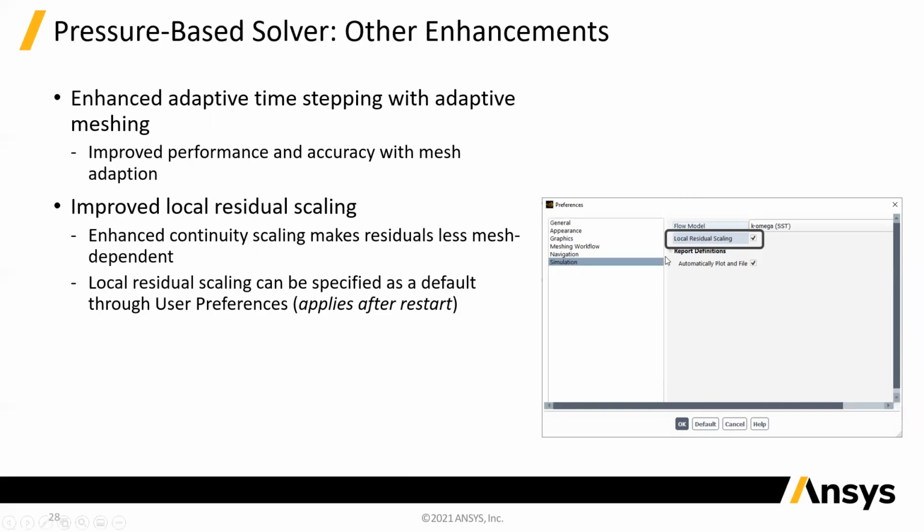So you can now set to always have those residuals as locally scaled in the preferences, and this is an ongoing task. When you load an old file with these, you will also get offered the option to switch to a new scaling for the mass residual, and that will bring it much more in line with what you expected.